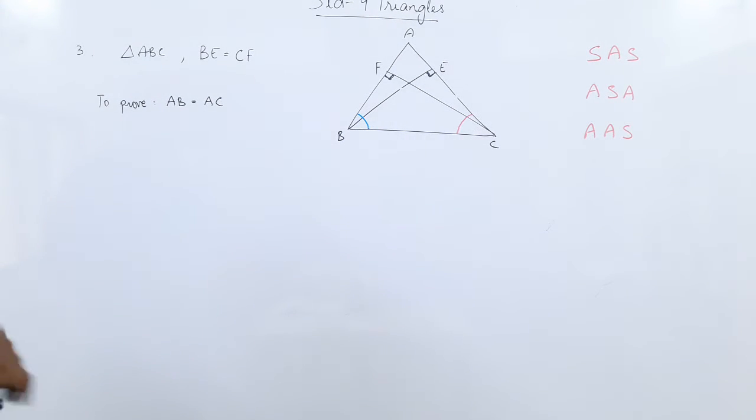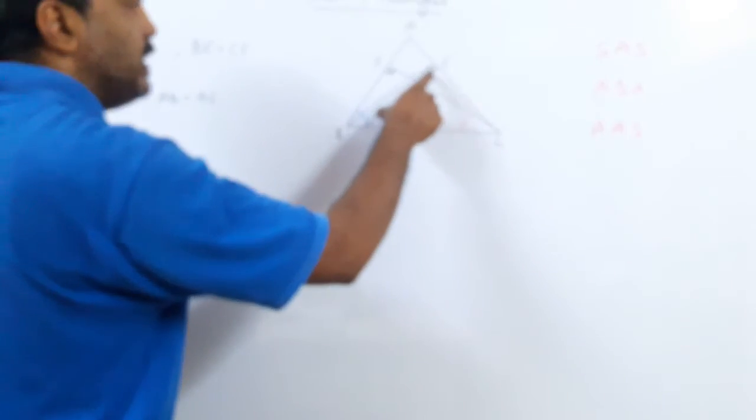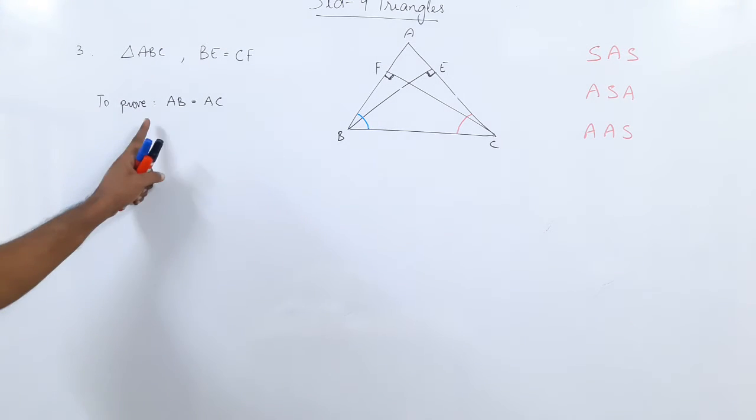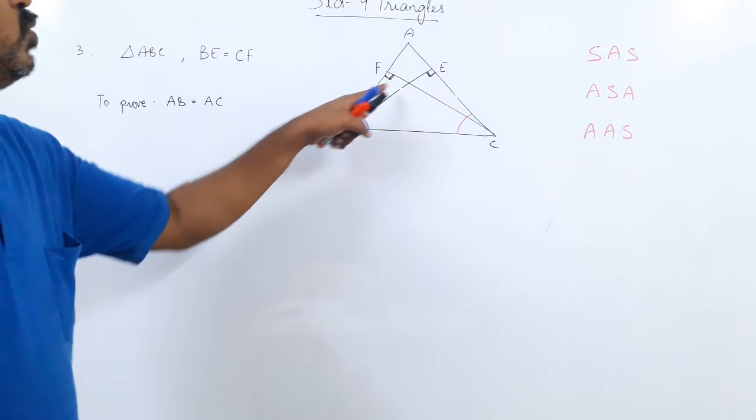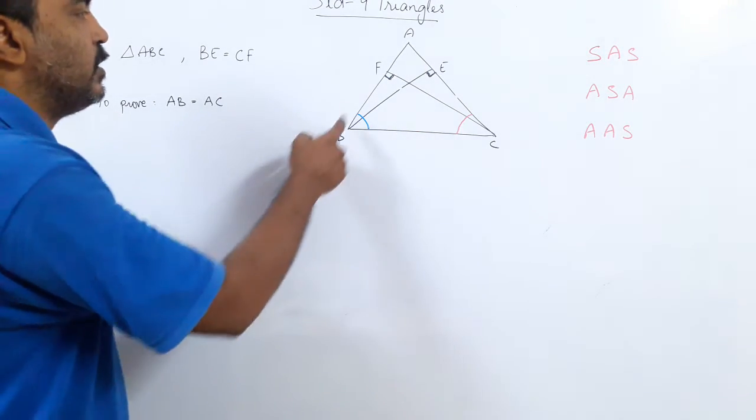What has changed? We are given in triangle ABC that BE and CF, the altitudes, both at 90 degree, are equal. And only that much is given. We have to prove AB equal to AC.